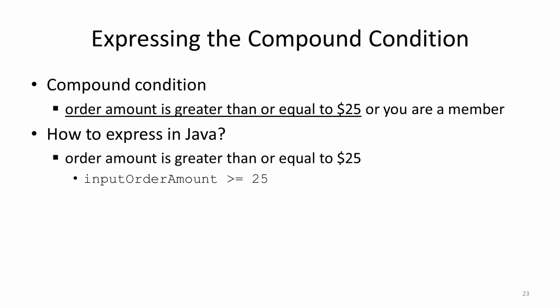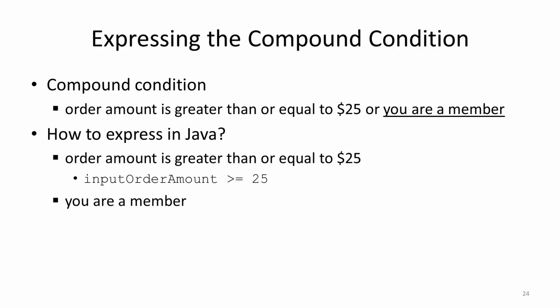We can easily make a comparison, input order amount greater than or equal to 25. Now, in the previous lecture, we had the free shipping threshold variable, but for transparency, I'll just put a 25 here. But if I were to implement it in Java, I would replace the 25 with the free shipping threshold. But for this first criteria, we can easily represent it, input order amount greater than or equal to 25.